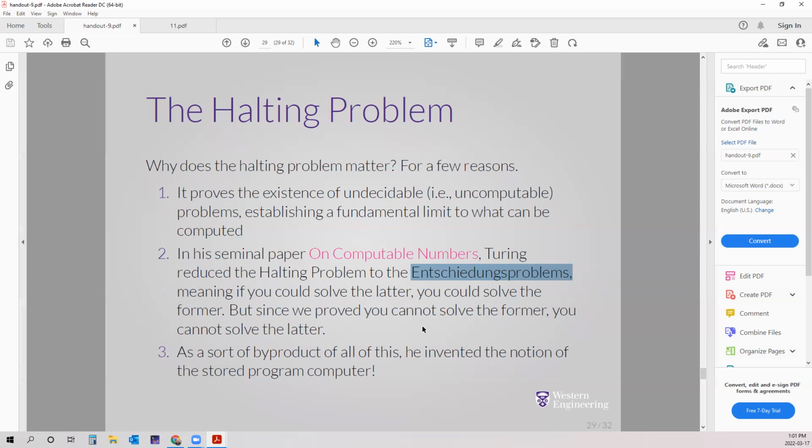But since we proved that we cannot solve the former, then we cannot solve the latter. This is his philosophy. As a sort of byproduct of all of this, he invented the notion of the stored program computer.